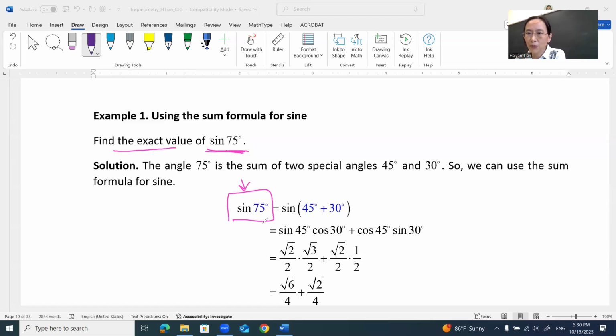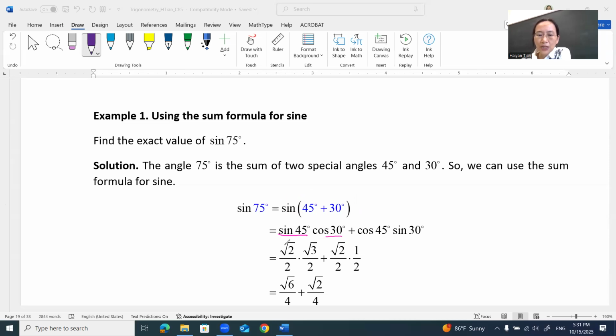However, if we write it as a sum of two special angles, we can apply the sum formula for sine. And then we can apply that formula. It is sine of the first times cosine of the second plus cosine of the first times sine of the second. And the 45, 30 degrees are special angles.